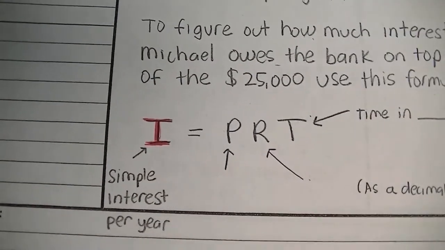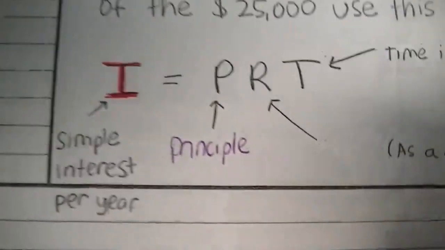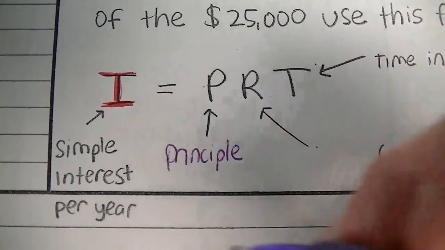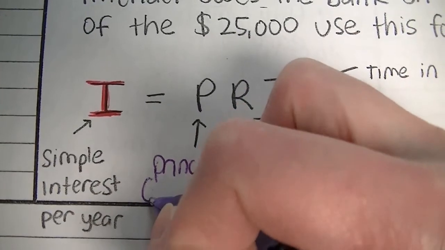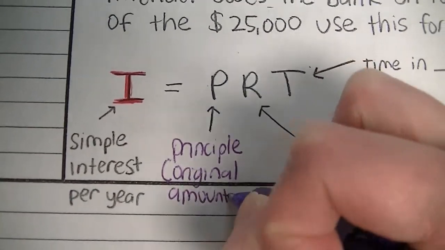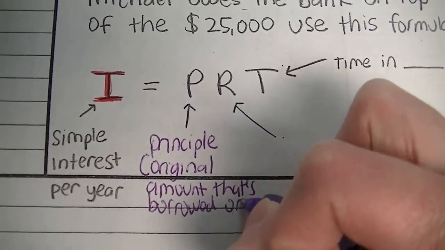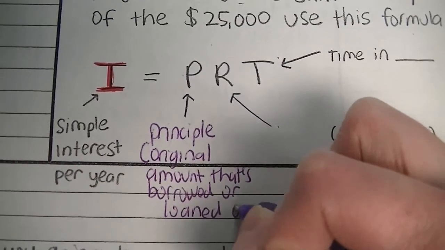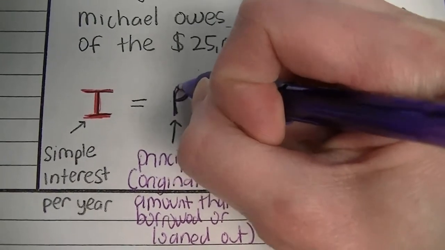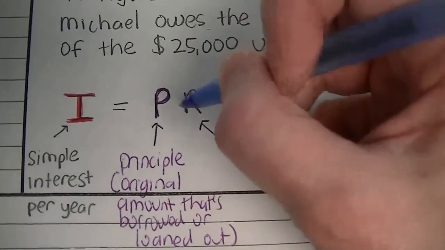The P stands for the principal. Okay, and look how it's spelled. It's not like the principal of the school, it's principal like this. And what that means is the original amount that's borrowed or loaned. And that R represents the rate as a decimal, okay?